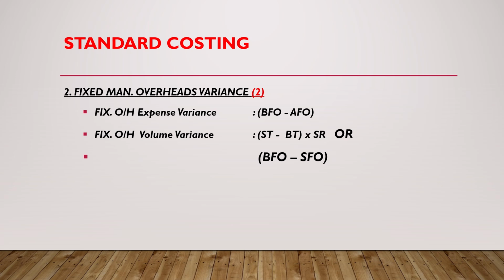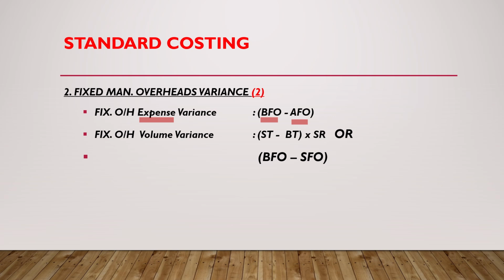So focus on expense variance, and the formula will be budgeted fixed overhead minus actual fixed overhead. I like to call it before minus after. That is budgeted fixed overhead minus actual fixed overhead, or you can say before minus after.